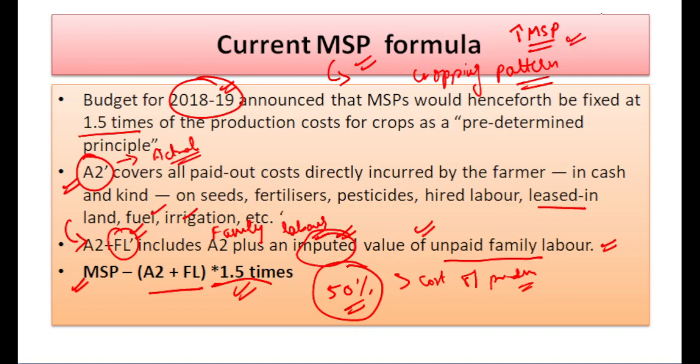So more farmers would want to cultivate that, because there is a guaranteed minimum support price given by the government. So if the government doesn't want a particular crop to be cultivated, then it can reduce the MSP on that crop and control the cropping pattern, the type of crops which are cultivated in the country. So MSP can indirectly and directly be used to control the cropping pattern in the country.